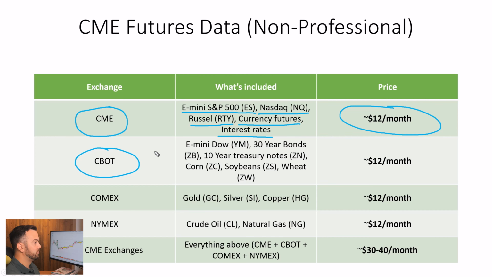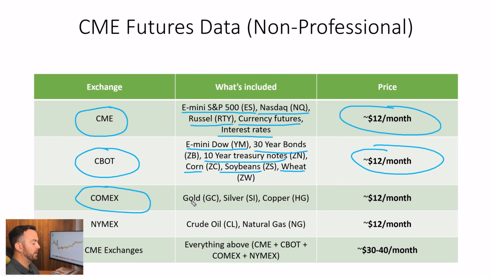Then there is CBOT, where you'll get data for the Dow, for 30-year bonds, 10-year treasury notes, corn, soybeans, and wheat. The cost is also $12 per month. Then there's COMEX, where you'll get data for gold, silver, and copper futures.